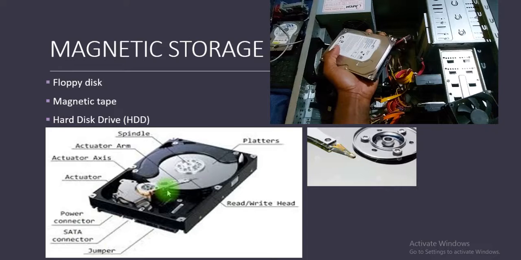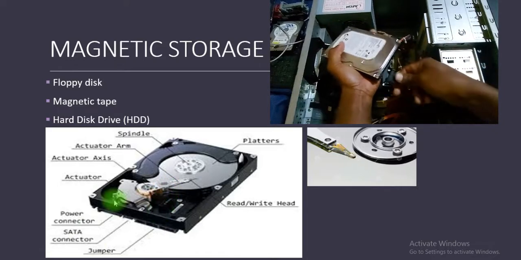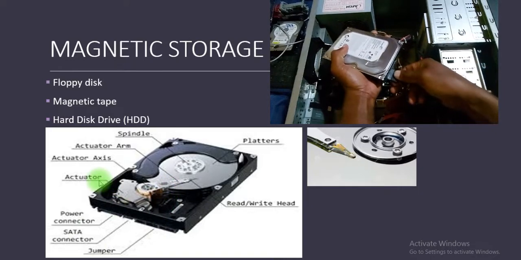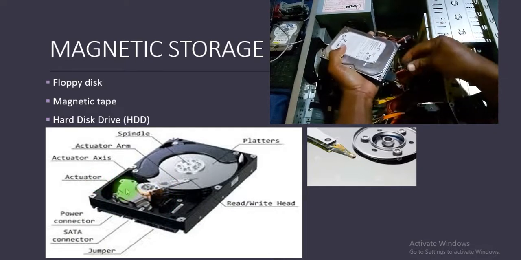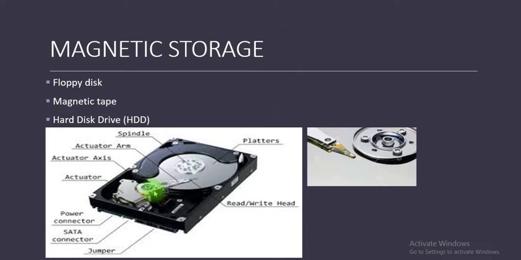Of course, these are for the connections of the drive to the motherboard. Then you have the actuator, and the actuator would be the motor, because this is all mechanical. So the actuator is essentially the motor which controls this entire mechanism here, which is the actuator arm and the actuator axis.